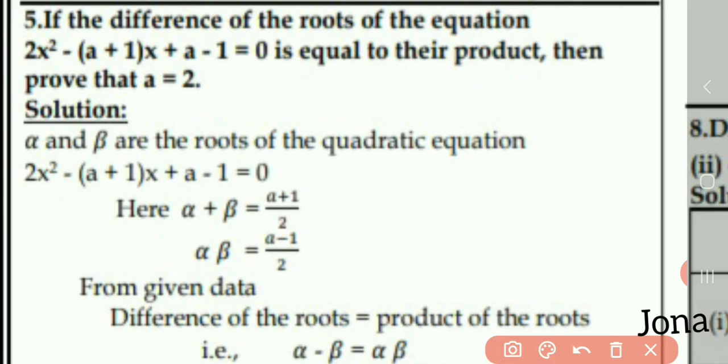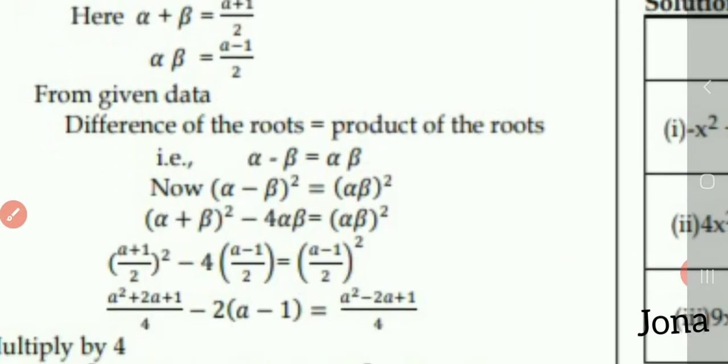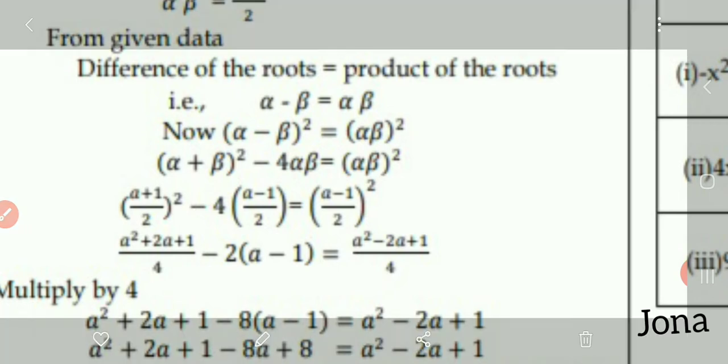Okay, and then from the given data, it's already given the difference of the roots is equal to their product. Okay, so we want to take this here, the difference of the roots is equal to the product of the roots. Difference is nothing but alpha minus beta, and product is alpha beta.